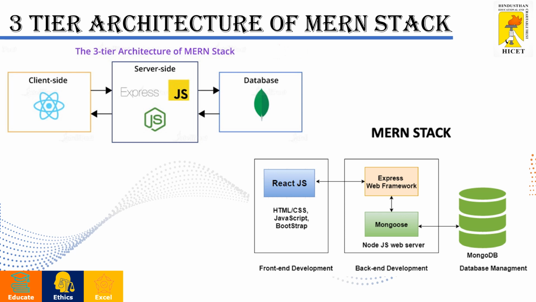The second one is the server or the middle tier, and this layer is handled by two components. The first one is ExpressJS and the next one is Node.js. They handle it simultaneously, where ExpressJS maintains the server-side framework and middleware running inside the Node.js server. This empowers the developers to spin up dynamic APIs and web servers at the same time.